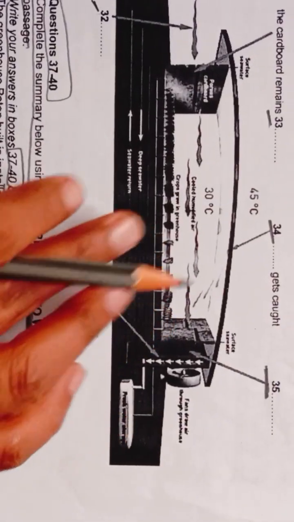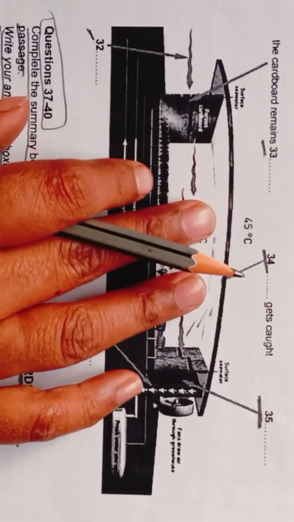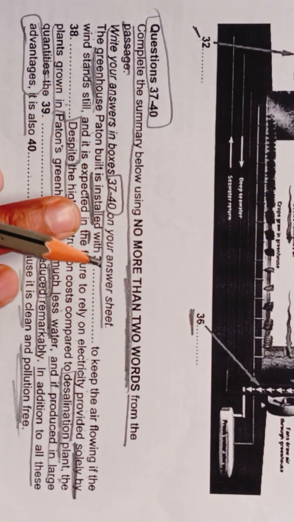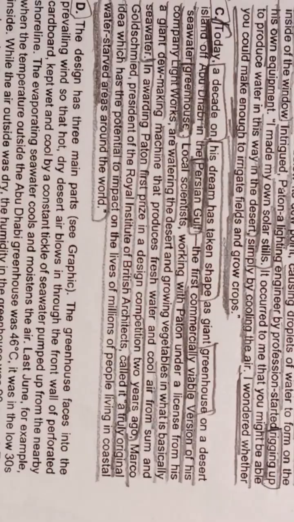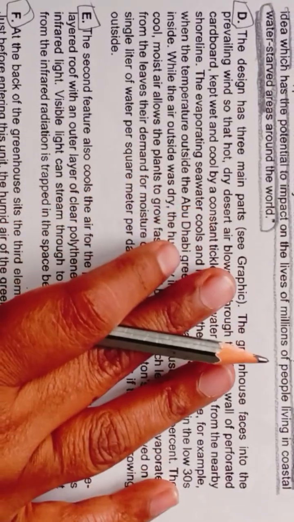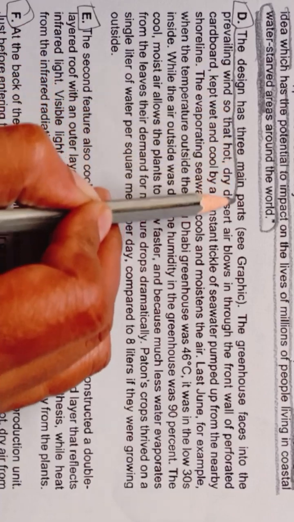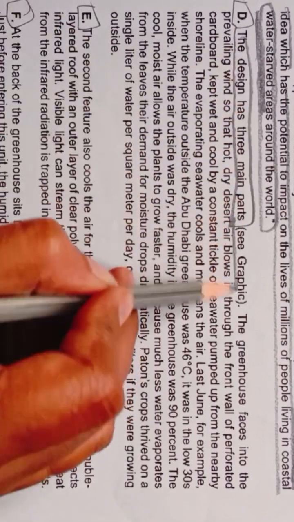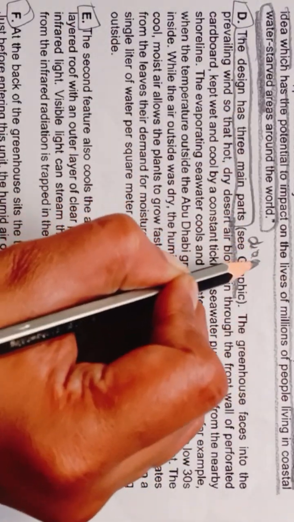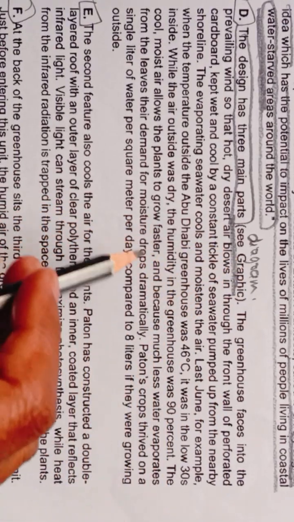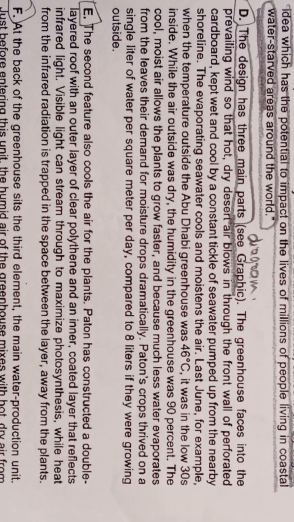So here they are asking for the diagram, and here they are asking for the greenhouse installation. So now let's quickly move towards our D paragraph and find our answers. The design has three main parts. Design, see graphic, means here they are talking about the diagram.